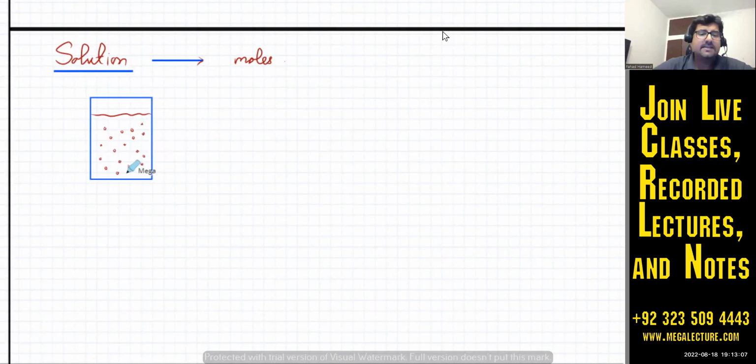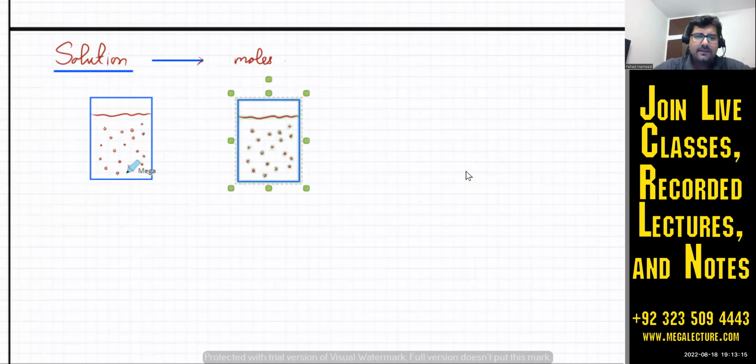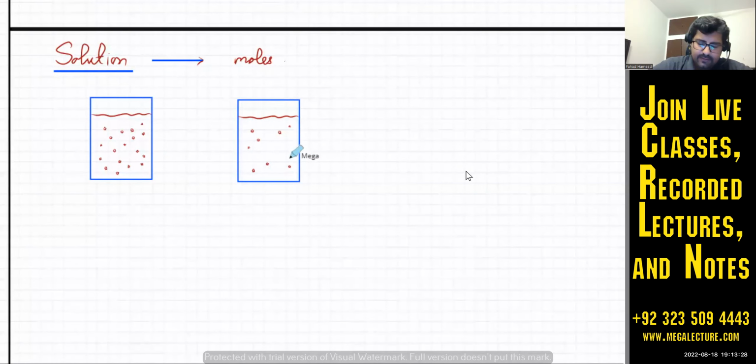So that's one beaker full of a sugar solution, and there's this other one. That too has sugar mixed into it, but a little less sugar has been added. So the quantity is lesser. You have fewer particles.